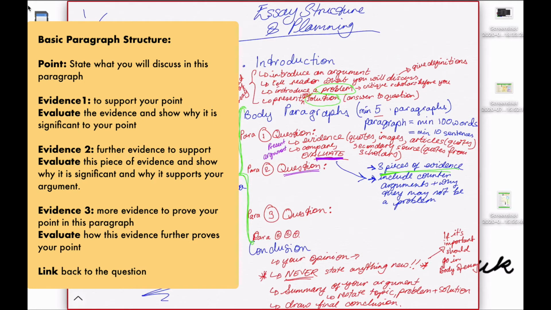The part of your paragraph that's really going to change now that you're going into A-level is the evaluation that you do within your paragraph, the evaluation of the evidence. So let's have a look at what evaluate means. What do you think?